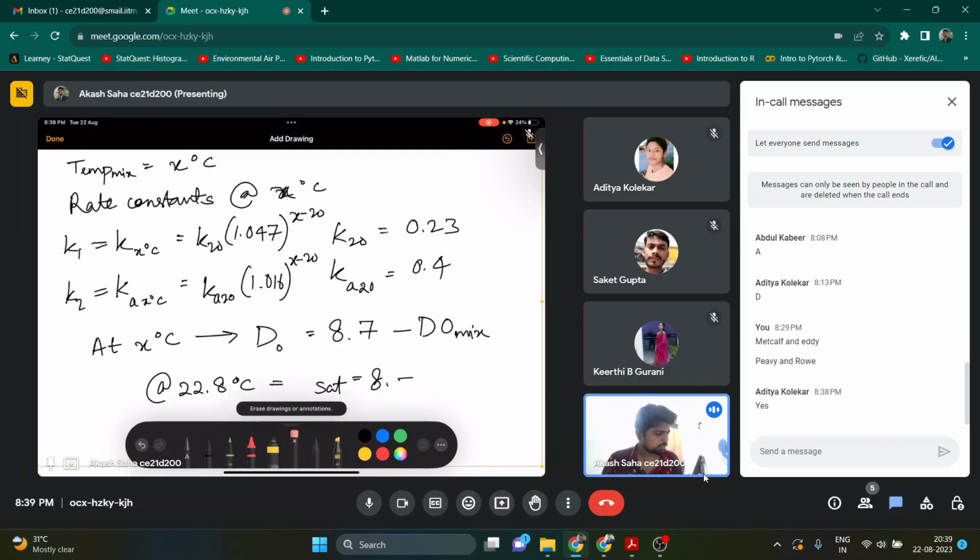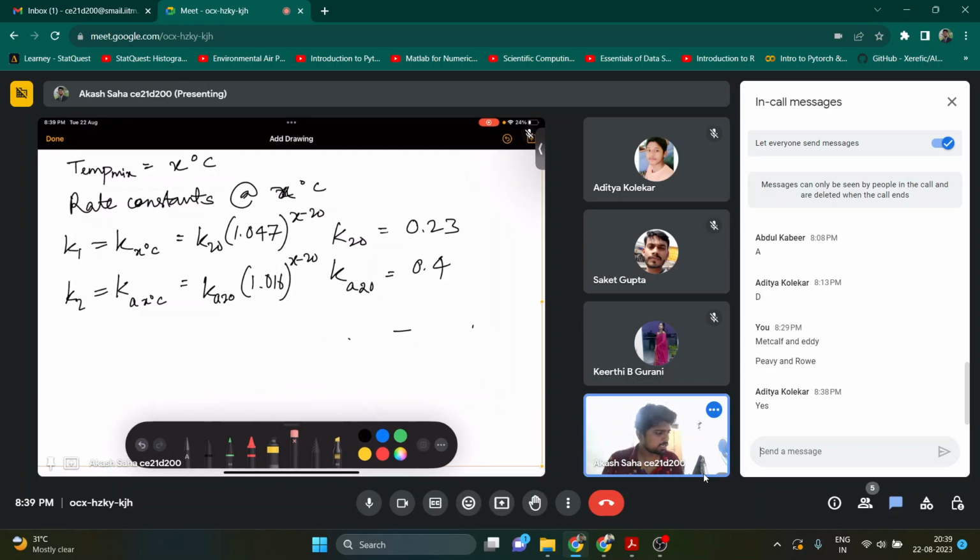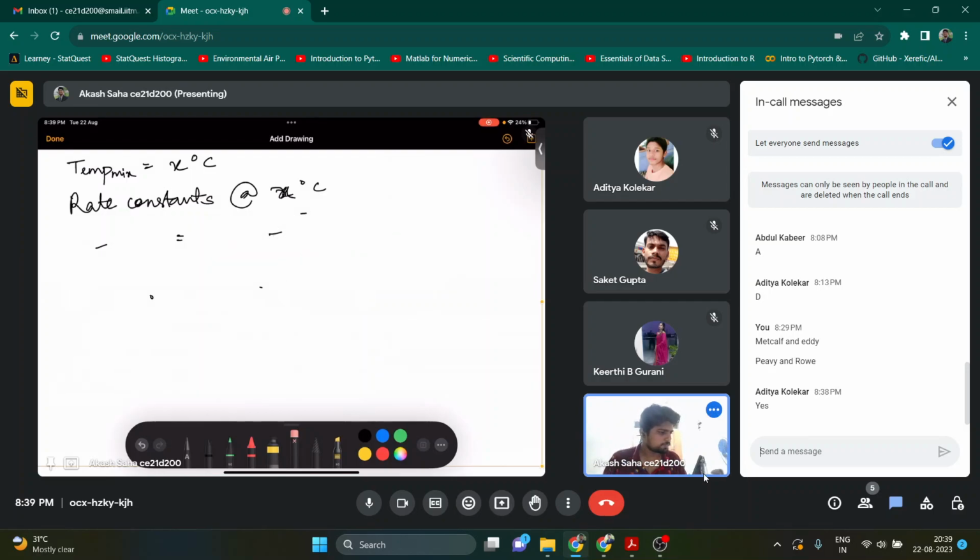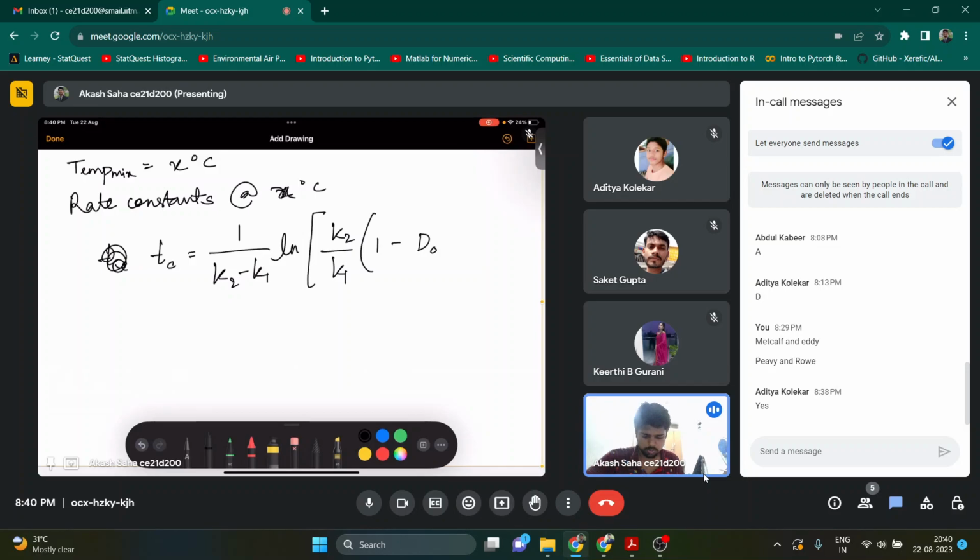Now in the next question we are asked what my critical deficit will be. For the critical deficit, we know the formula. First we will find the time of critical deficit. So Tc will be 1 over K2 minus K1, into ln of K2 by K1 into 1 minus D0 times K2 minus K1 divided by K1 times my ultimate BOD that I got.